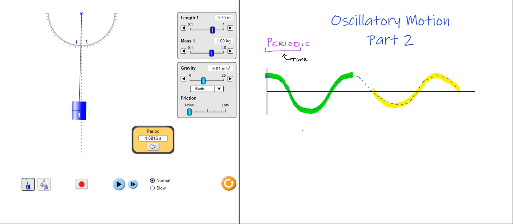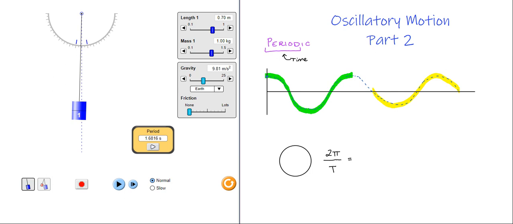Now from the trig perspective for this graph, we can say that this is one complete cycle of a unit circle. So if we take the unit circle and we do one complete cycle, we know that that is 2 pi radians of movement. Now the time that it takes to make those 2 pi radians is T, which is the period again.